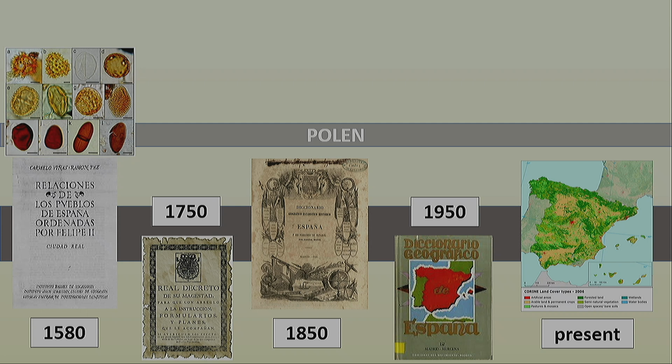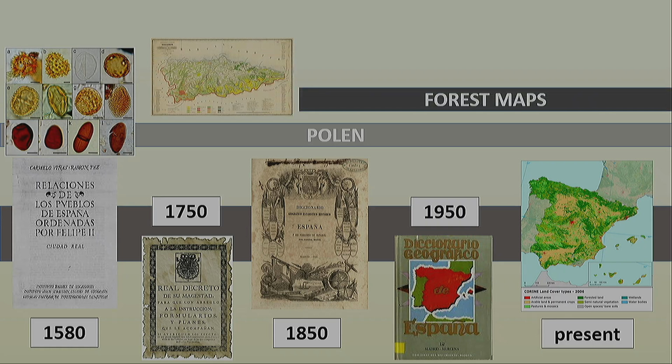But we still have a nice possibility of comparing the outputs of the two approaches. Then we have the forest maps from the mid-19th century. So once we produce our land use maps, we would be able to compare them, at least for some Spanish regions, with actual forest maps.